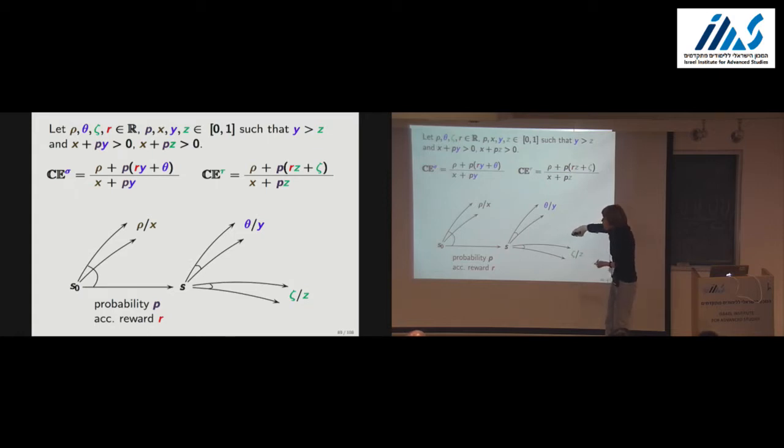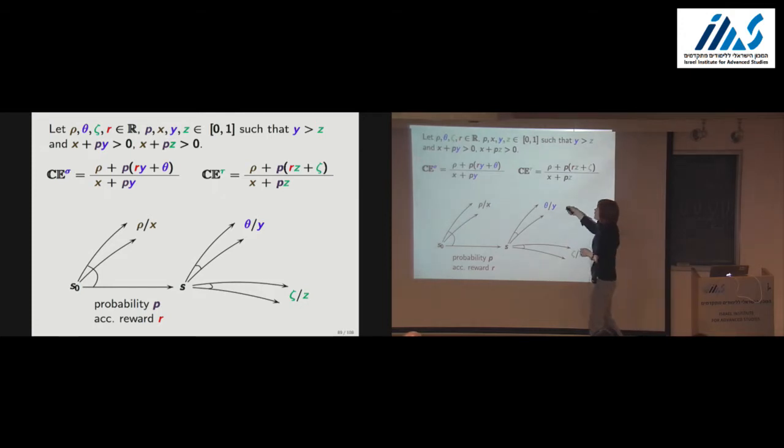So here we have reward R, and this has happened with probability P. Now in state S, suppose we have two options. Either take this branch, the blue one, where we will from S visit the goal with probability Y, and the partial expectation would be theta, which means from S the conditional expectation would be theta divided by Y, and theta divided by Z is the corresponding thing for another action.